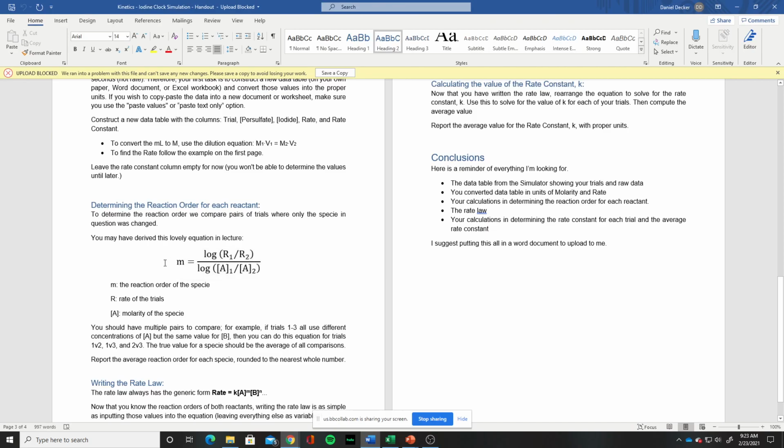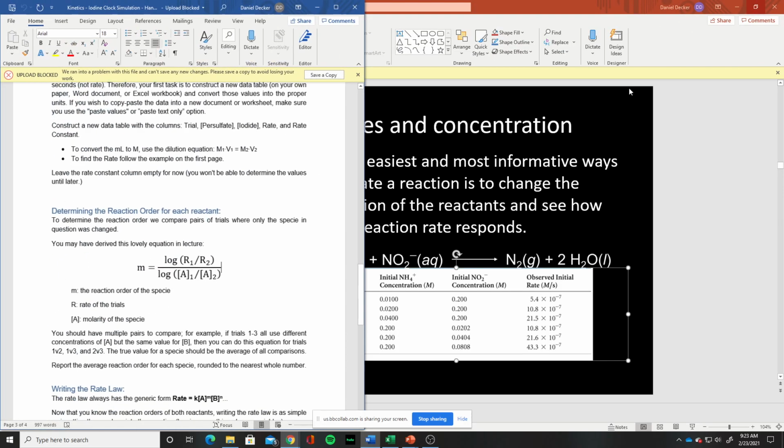So the order with respect to whatever reactant we're looking at, that's the m there, is going to be equal to the log of the rate for the first trial divided by the rate of the second trial, divided by the log of the concentration for that first trial divided by the concentration for that second trial.